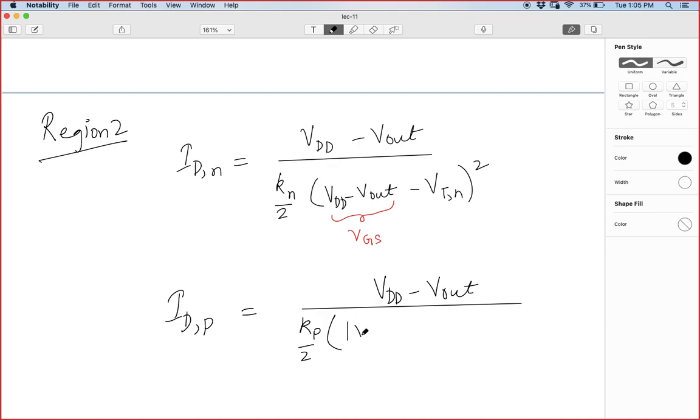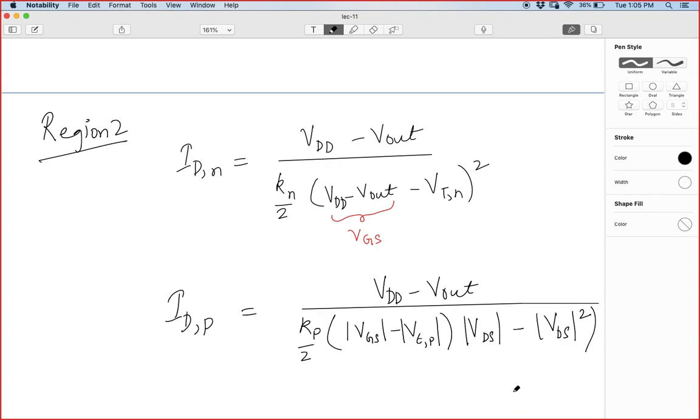It is basically VGS minus VTH, again taking mod of everything, times VDS minus VDS whole square.